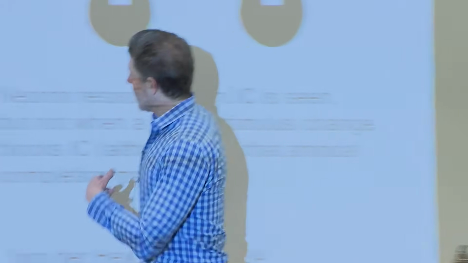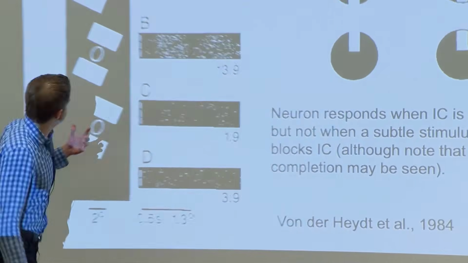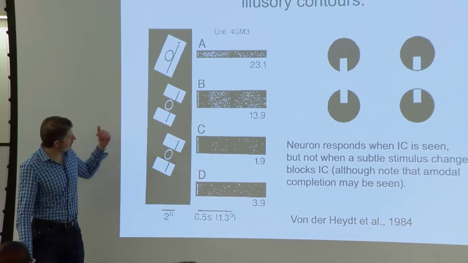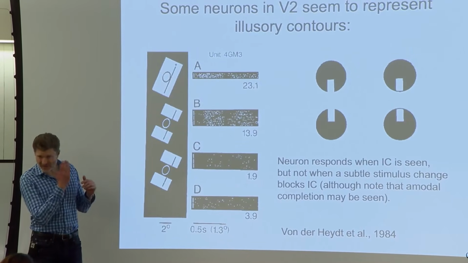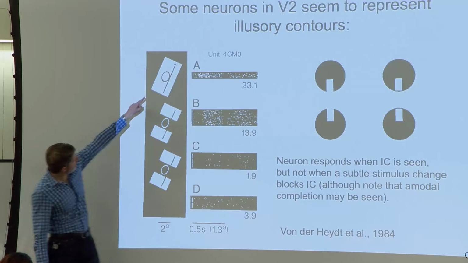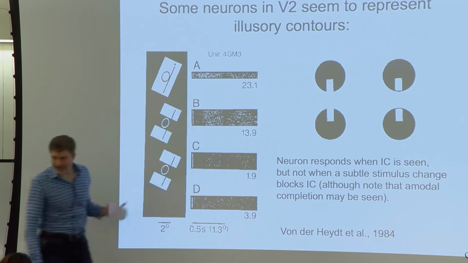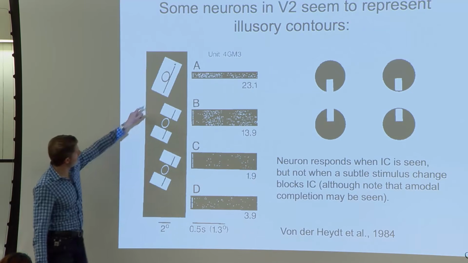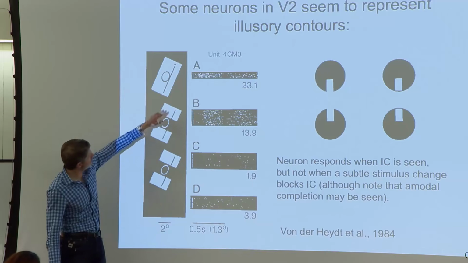The idea is to measure responses to stimuli that have an illusory contour, so cases where you see something there where there's no local image evidence. The oval here represents the receptive field of a neuron, and the rest is the stimulus.